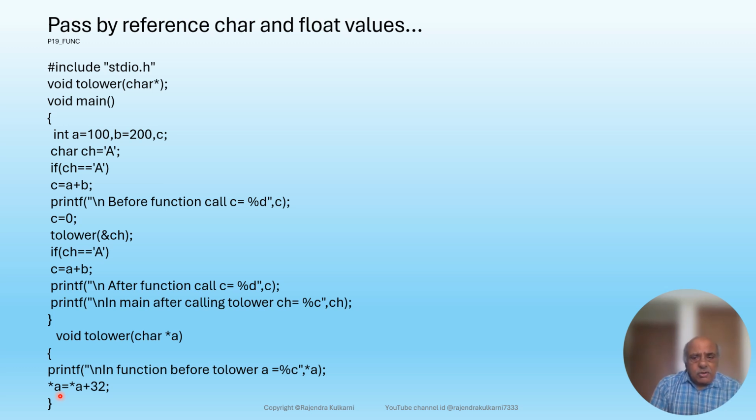The value of the variable pointed to by a is being added with the value 32, which in effect converts capital A into small a.